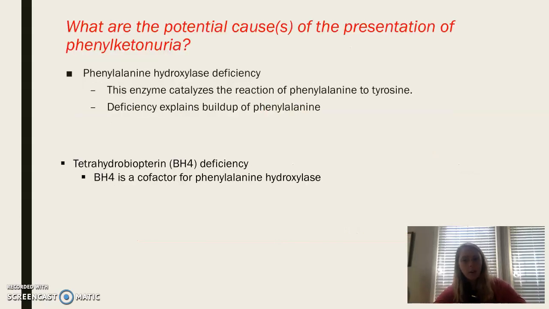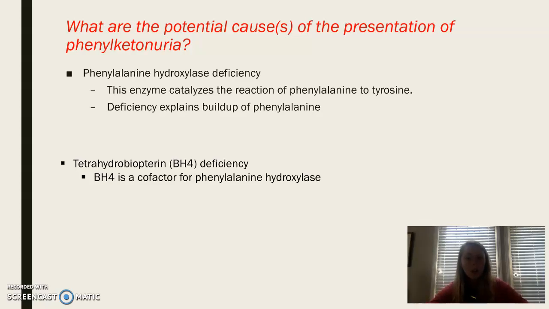So to start off, what are the potential causes of the presentation of phenylketonuria? First off, it could be a phenylalanine hydroxylase deficiency. Phenylalanine hydroxylase is the enzyme that catalyzes the reaction that converts phenylalanine to tyrosine, so a deficiency in this enzyme would explain the buildup of phenylalanine.